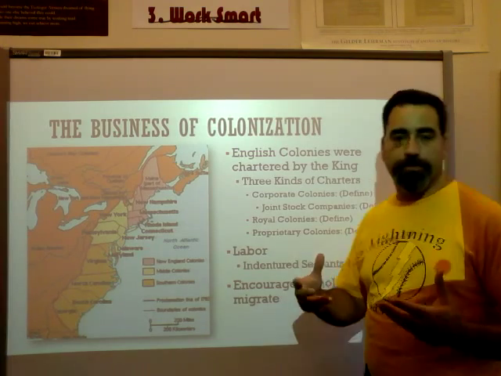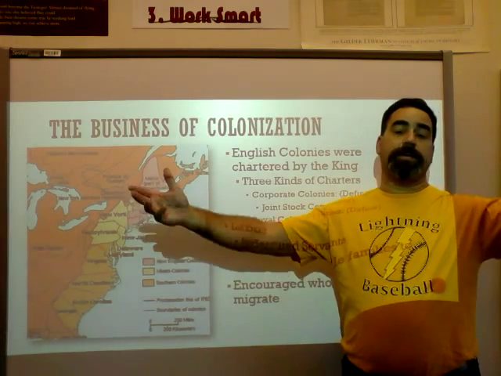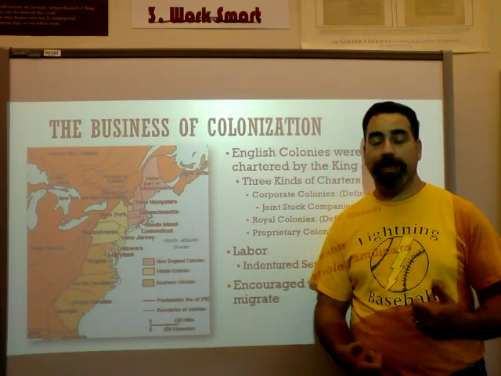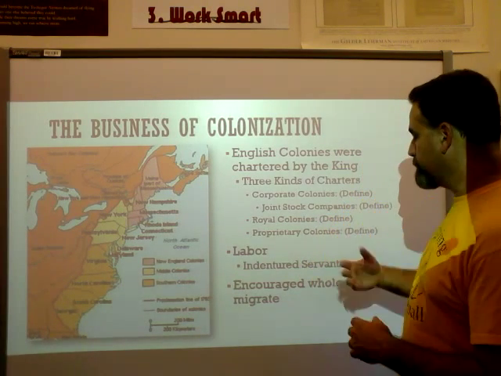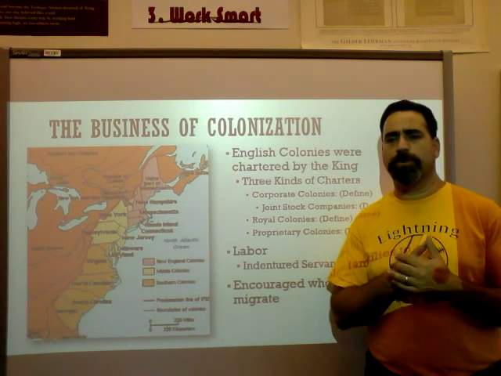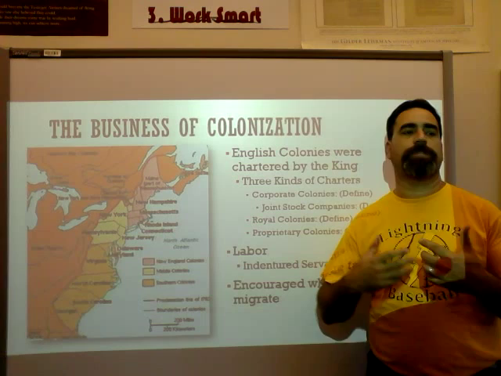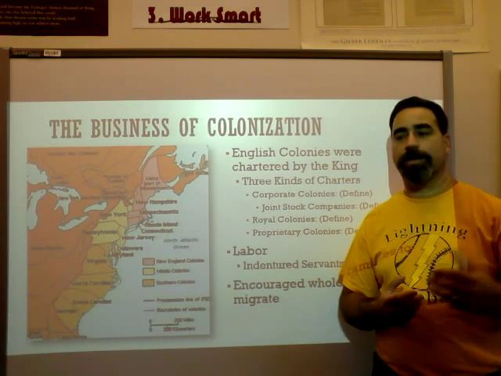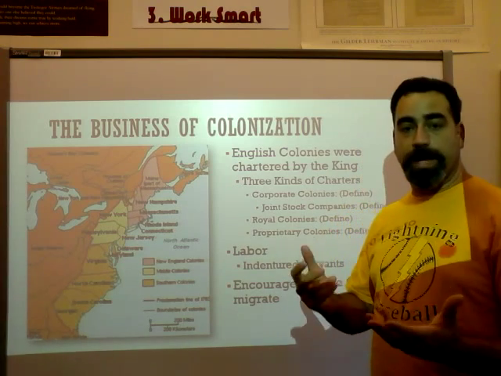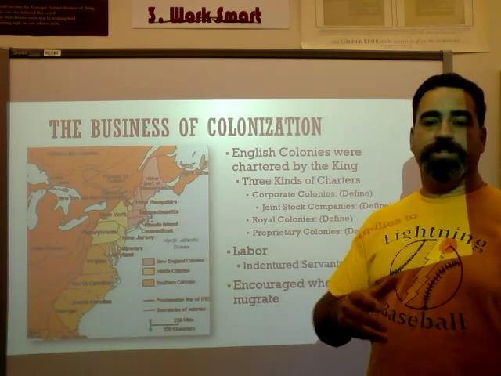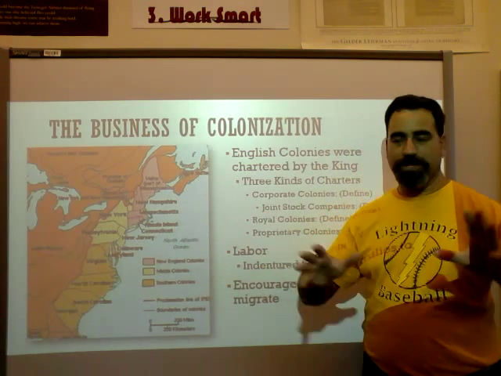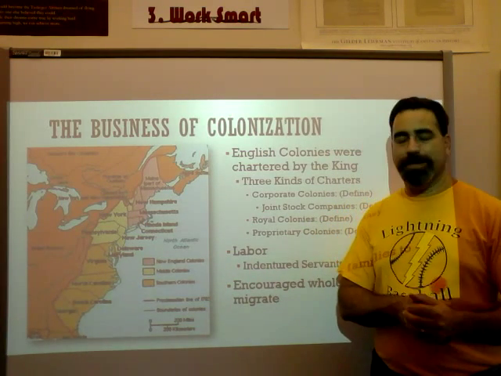Now, not everybody, of course, if you own a big plot of land in Virginia, you're not going to go out there by yourself and try to farm that land. No, you're going to need workers. And the workers were largely indentured servants. In other words, these were people who themselves could not afford the passage to get to North America, so they would trade their labor for passage and for the opportunity to come into North America and get away from the stuff that was impoverishing them in England.